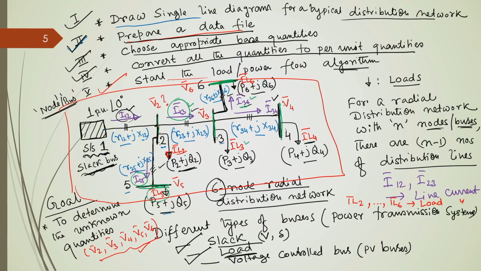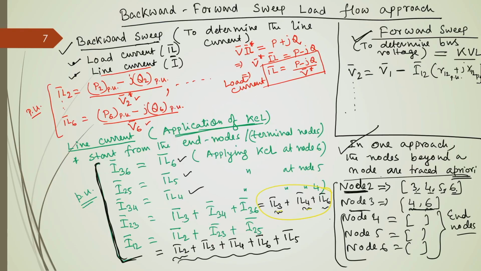We can calculate the end node, that is the 6th bus voltage, simply by subtracting from V 3 the voltage drop, that is I 3 6. So, simply we get V 6 is equal to V 3 minus I 3 6 multiplied by R 3 6 per unit plus j X 3 6 per unit.